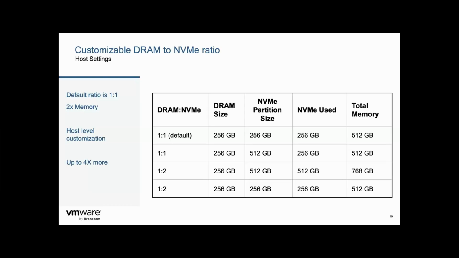At the beginning, I talked about how do you scale out. So if you have a brownfield deployment and you can't buy new servers, you can definitely use this solution. Or if you buy new servers, you can say, you know what, instead of buying 1 terabyte of DRAM, I'm just going to buy 512 DRAM, 512 NVMe drive, and go from there. So many different ways to approach this.